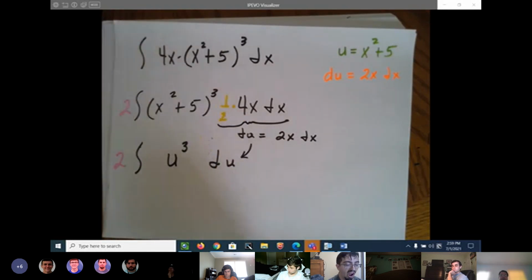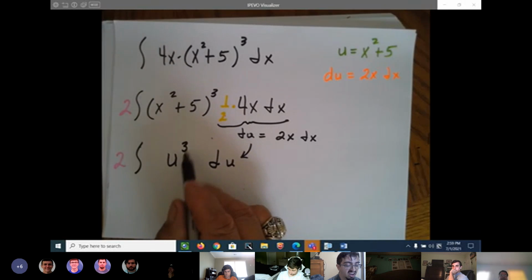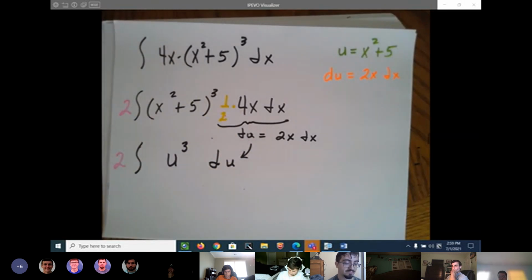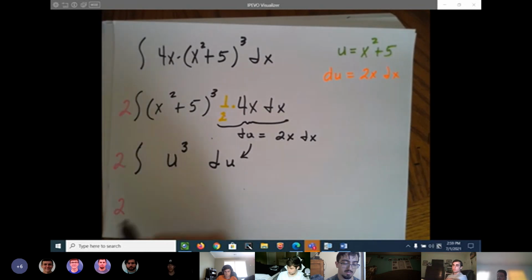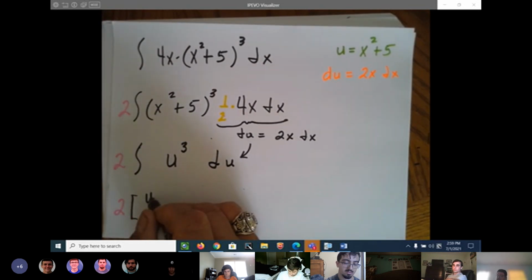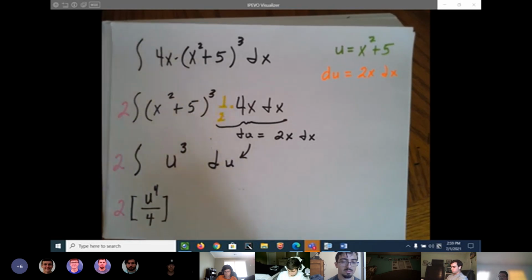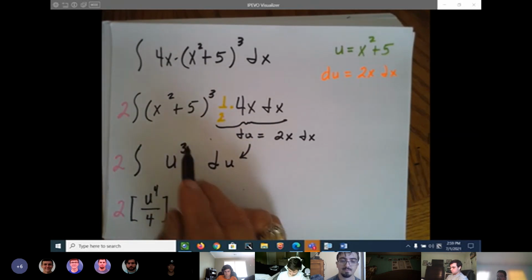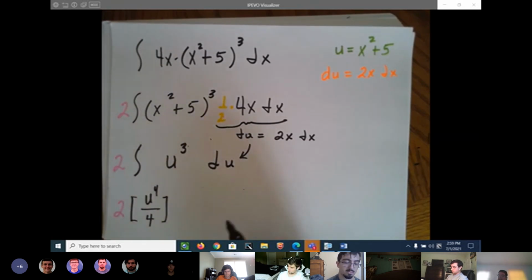So now, what is the antiderivative of u to the third? u to the 4th over 4. Remember, whatever you do to this one, you have to go down here and do it. So 3 plus 1 on top, 3 plus 1 on bottom.